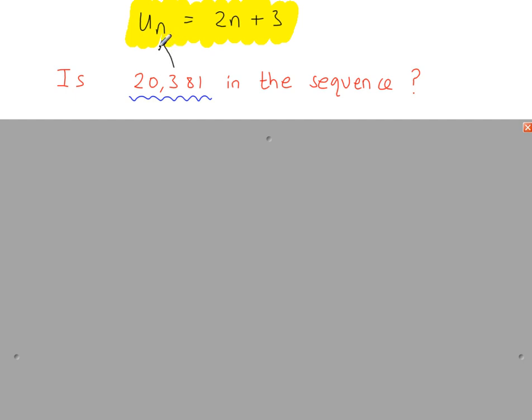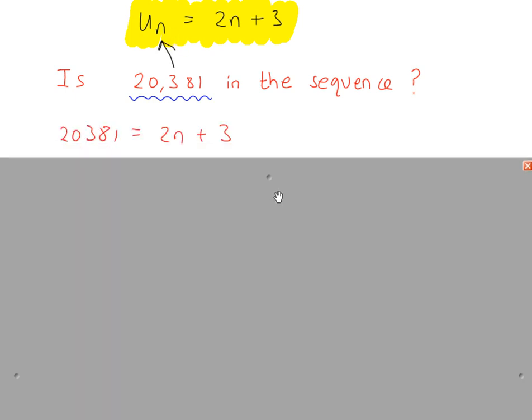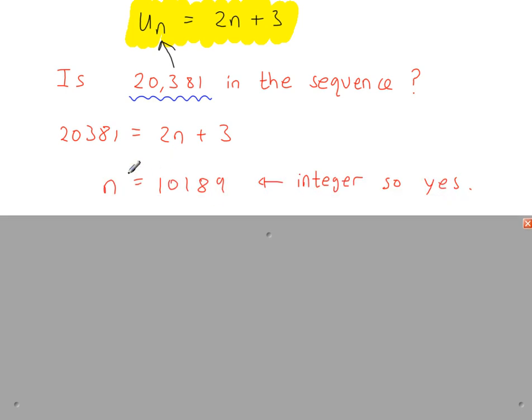We substitute the value here and solve for n. Because n is an integer, and it has to be an integer because n represents a term number, like the first term, second term, third term, 50th term, and so on, if it's an integer, it means this value is in the sequence.